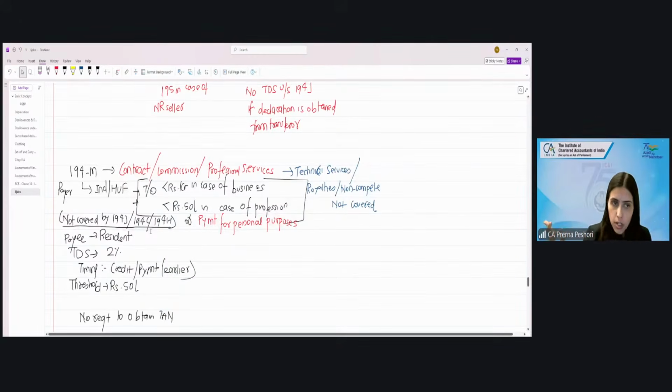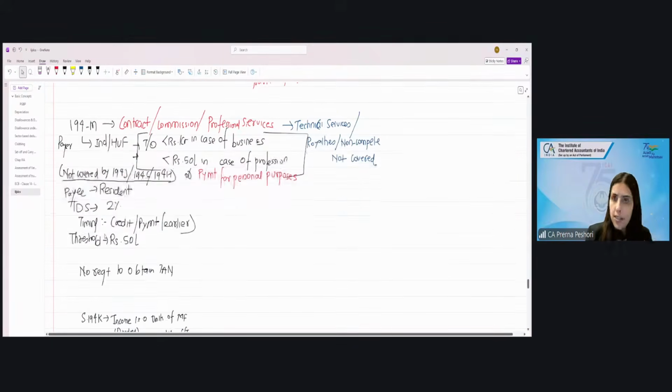Maybe his turnover is less than 1 crore in case of business or 50 lakh in case of profession. Or he is making the payment for professional services for personal purposes. So if he is making payment for contract, commission or professional services, technical services, royalties, non-compete are not covered here. Only these three. And he's not covered by 194J, C or H.